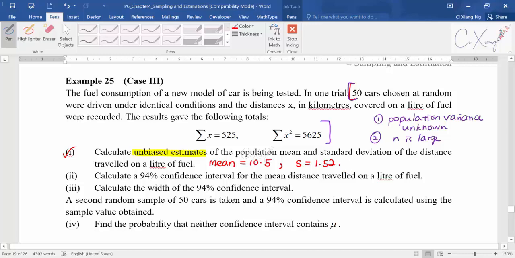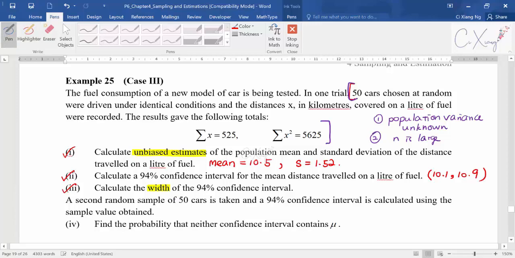Then part 2, they want you to calculate the 94% confidence interval. If you didn't make any careless mistake, you should get 10.1 and 10.9 as your confidence interval. Then the third part, they want you to calculate the width.